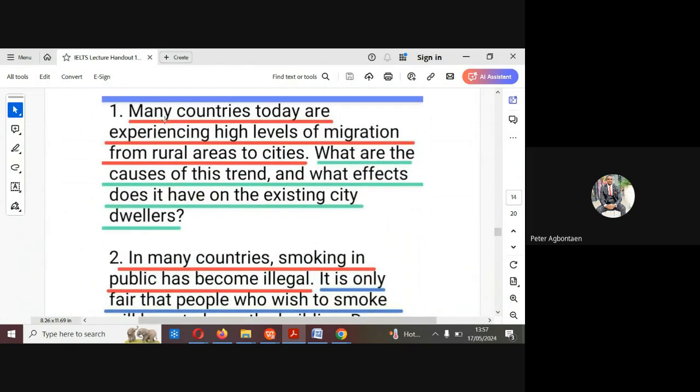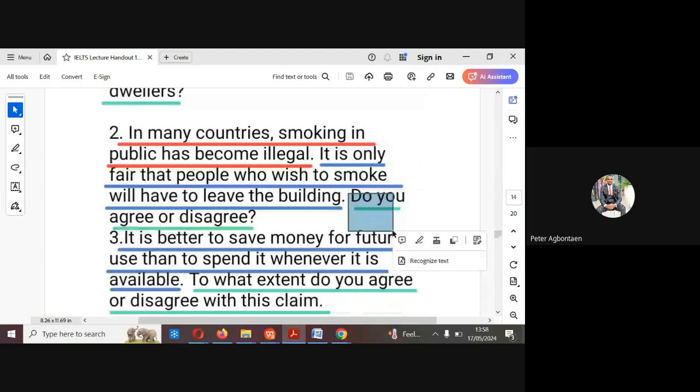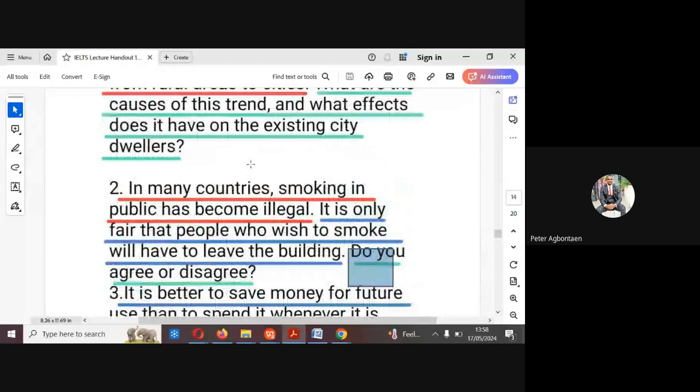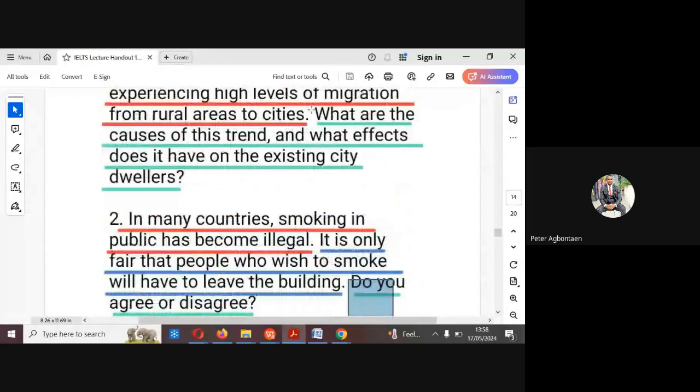In the first question, the sentence underlined in green here is the last sentence of this question.